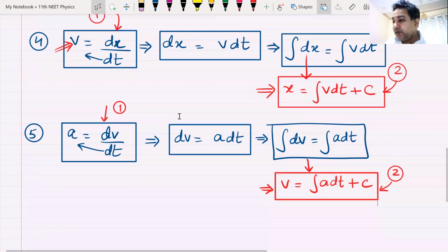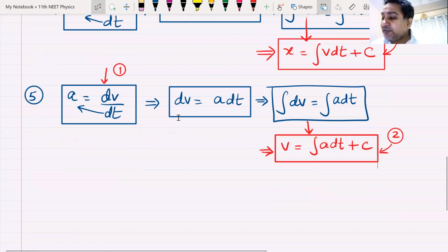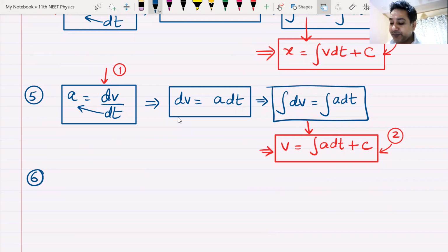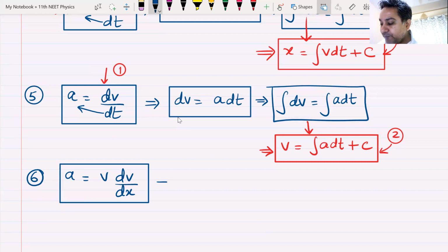Okay. The last thing that remains is writing equation number 6 in the same form. Equation number 6 is a is equal to v into dv by dx. In the first step, I will take dx this side.